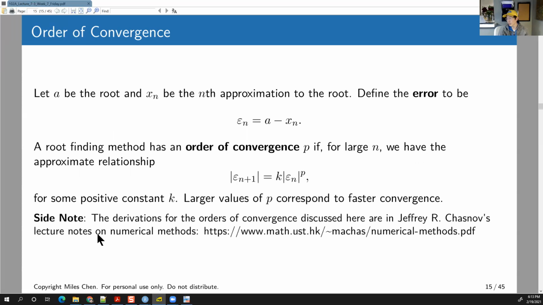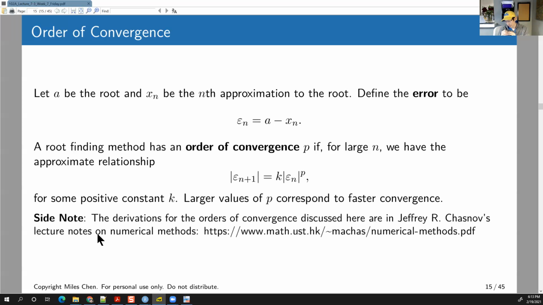I have a couple of slides on the order of convergence, and this is just some high-level talk about how quickly the methods converge to find the root. The idea here is how much error we are reducing every time we go to the next iteration, right?